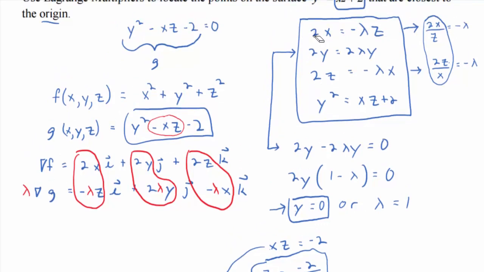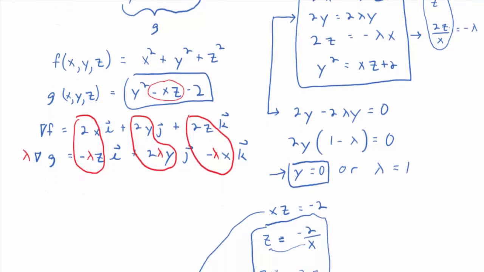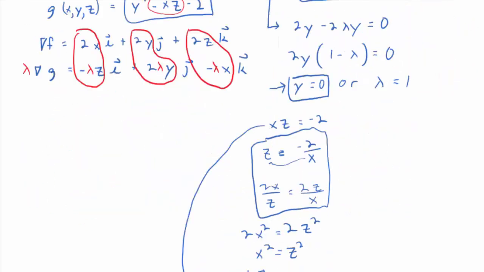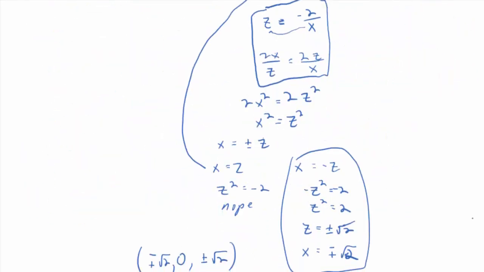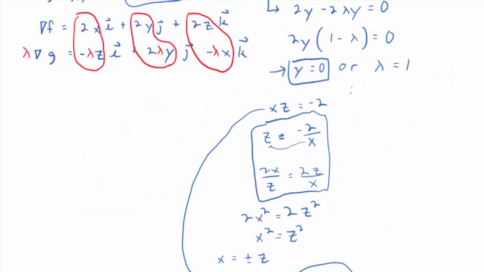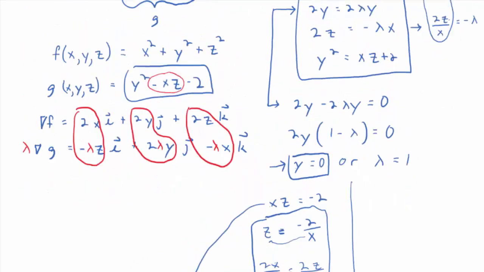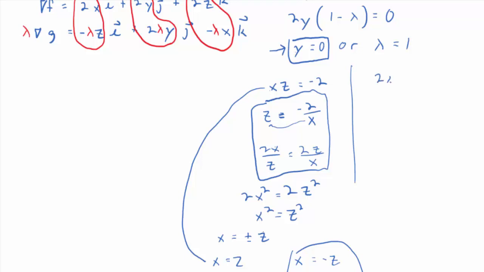So we get 2x equals negative z. Is that right? So if lambda equals 1, we get 2x is equal to negative z.